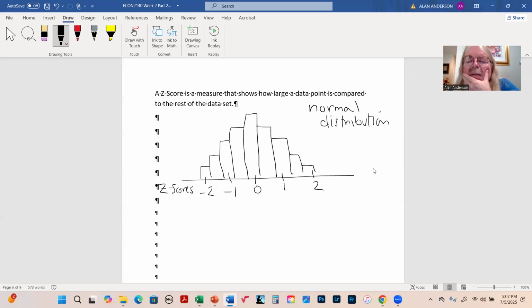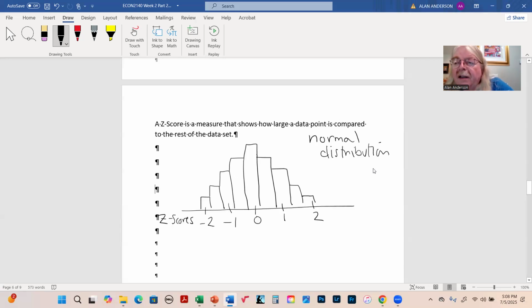The beauty of the z-scores is that they will be the same regardless of the mean or the standard deviation of this data. So I could compare these results for two different classes, let's say, more easily than the actual numbers themselves. It's a way of turning them into a standard scale that is easy for me to determine how far away I am from the center and the likelihood of actually getting those numbers.